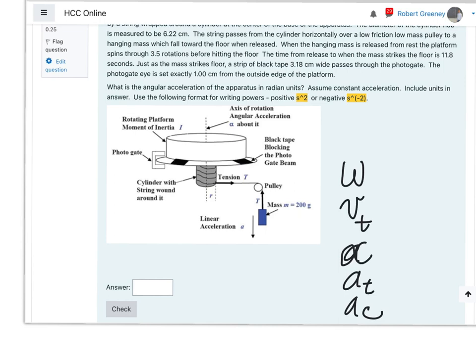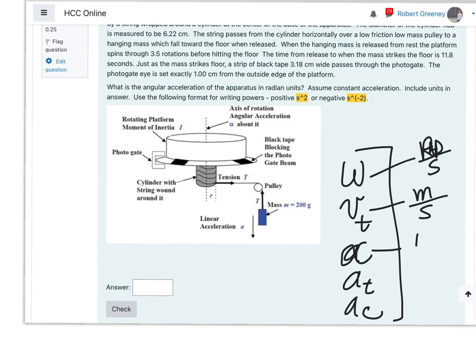Those are a lot of different quantities, and it's easy to get them confused if you're not careful. And the units are important. This is radians per second because it's a speed. This is in meters or centimeters per second. Alpha, the angular acceleration, is going to be in radians per second squared.